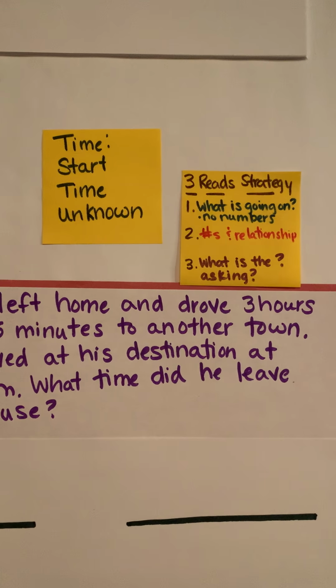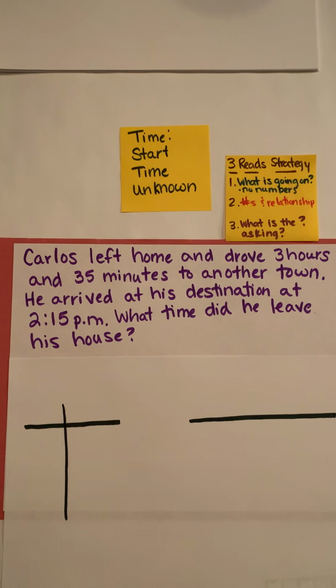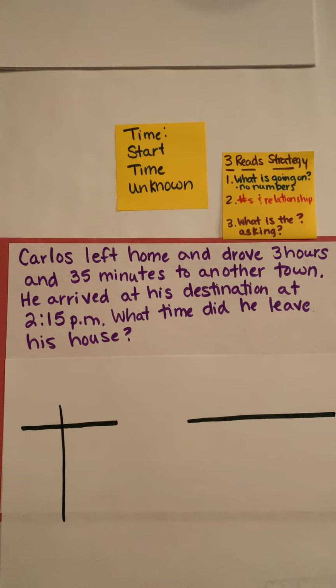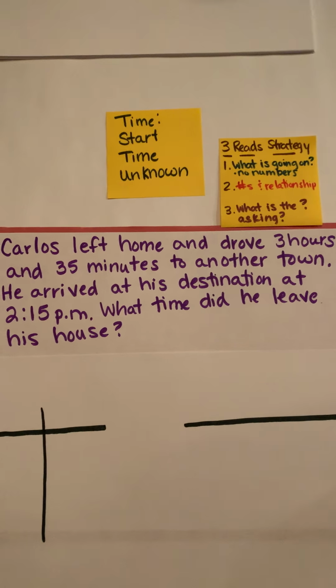The next part is to read it and focus in on the numbers and the relationship of the numbers. So Carlos left home and drove 3 hours and 35 minutes to another town. He arrived at his destination at 2:15 p.m. All right, so let's take some notes on that.